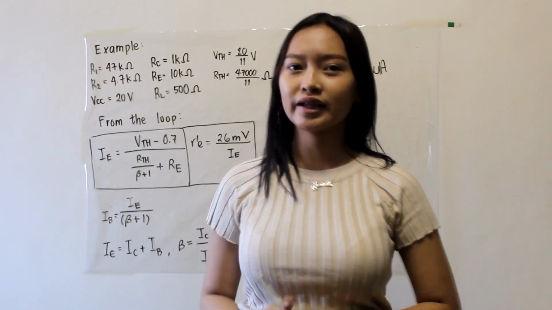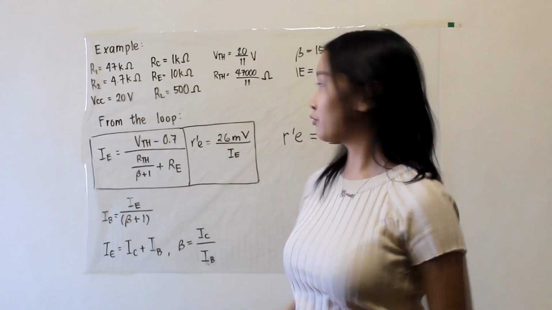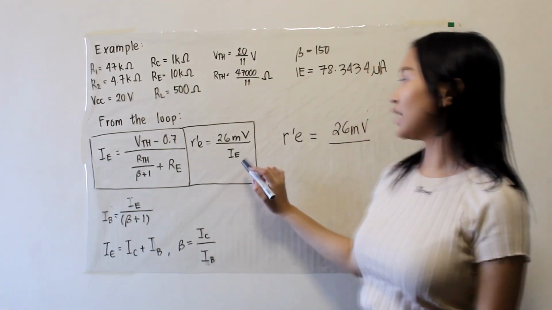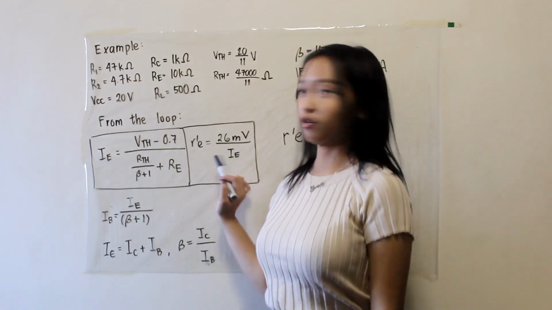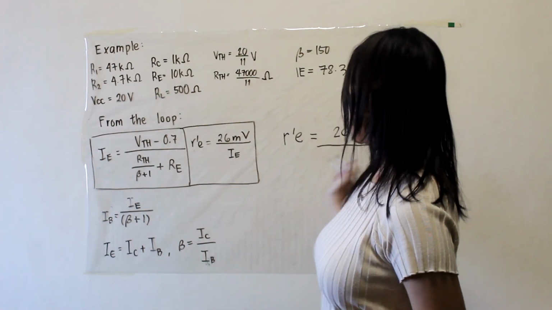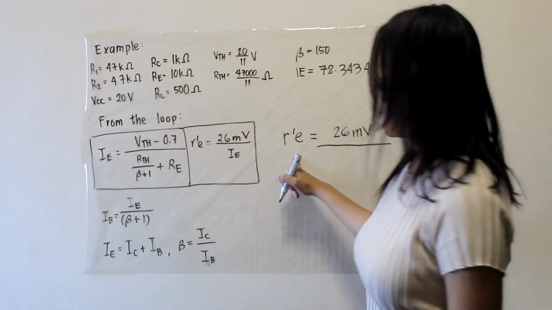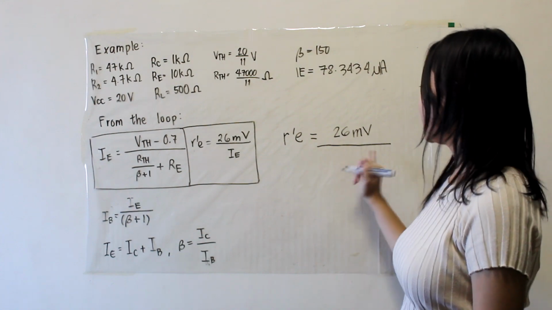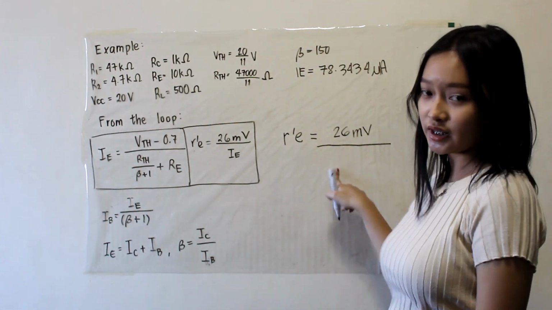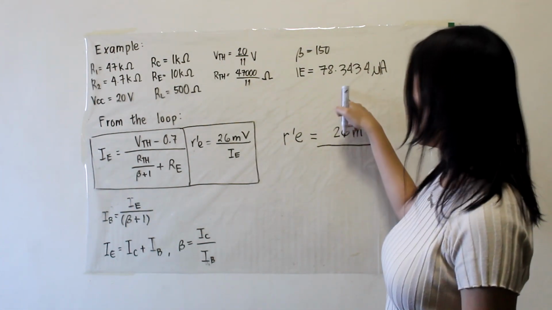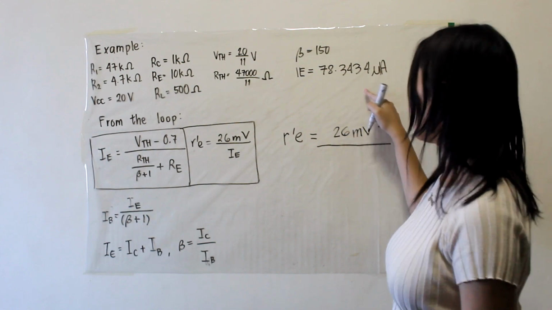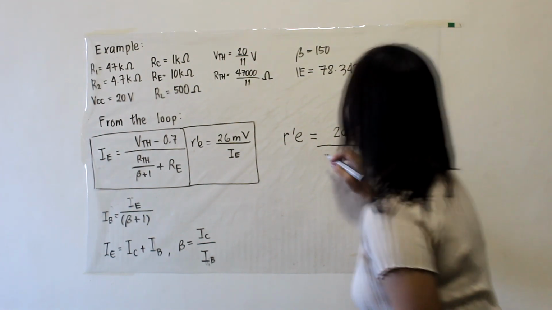Now that we already have IE, we can solve for R prime E using the formula 26 millivolts over IE. By substituting, R prime E is equal to 26 millivolts over IE, which is 78.3434 microampere.